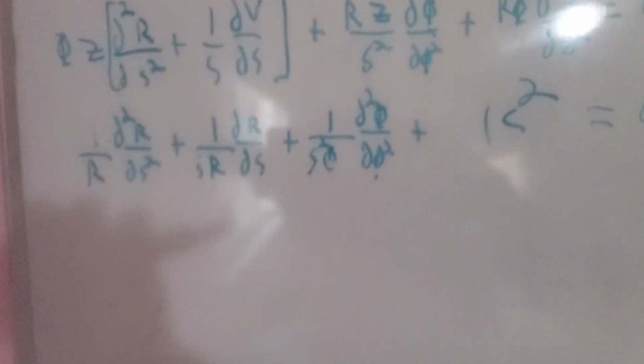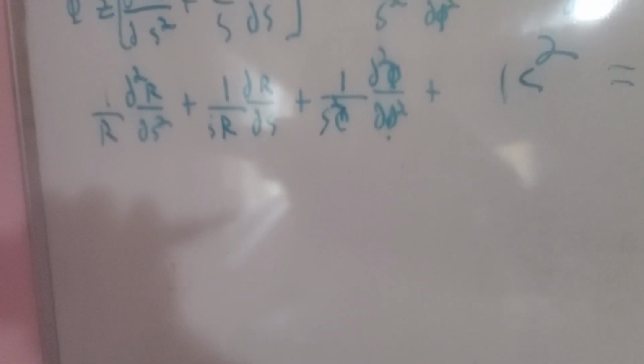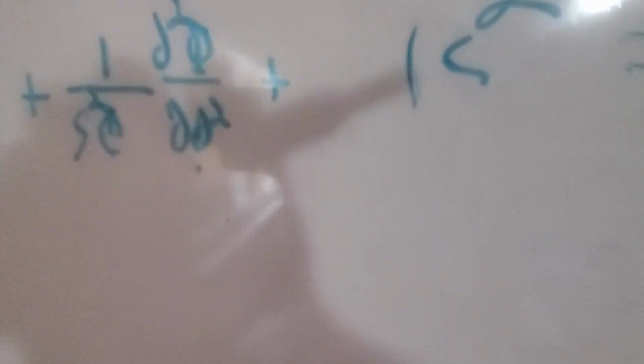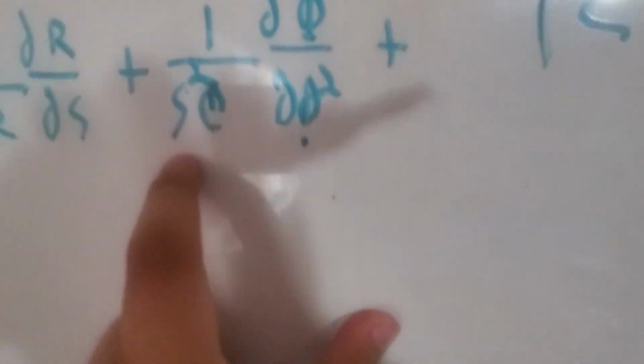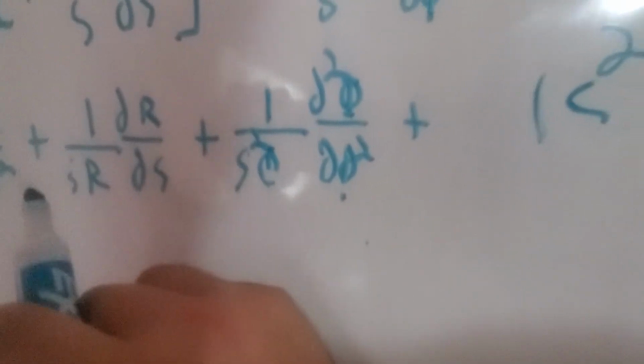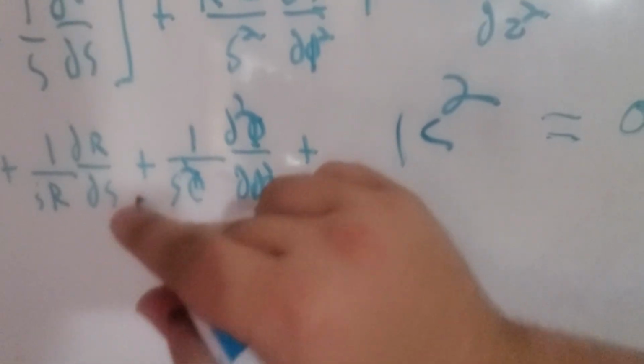So we have this expression right here. Now what we want to do right here, we want to isolate the variables. So let's go ahead and do that now. We'll multiply both sides by that s squared.